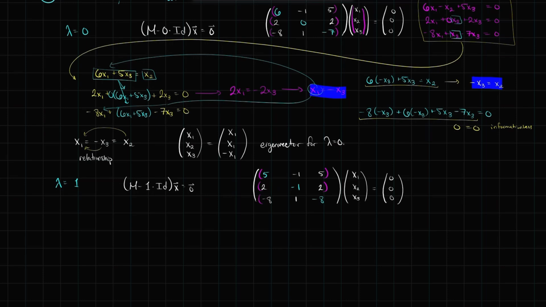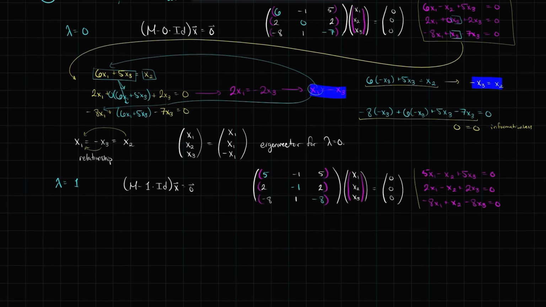doing the matrix vector product of these three against my vector. It's going to give me the system of equations 5x1 minus x2 plus 5x3 is 0. It's going to give me on the middle row 2x1 minus x2 plus 2x3 is 0. And on the bottom row, negative 8x1 plus x2 minus 8x3 is 0.